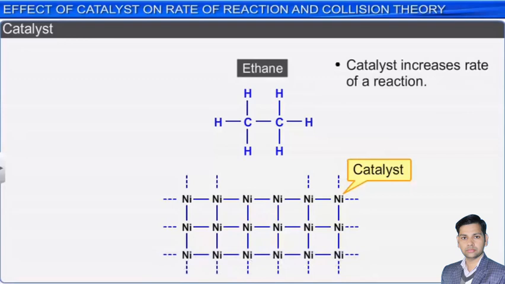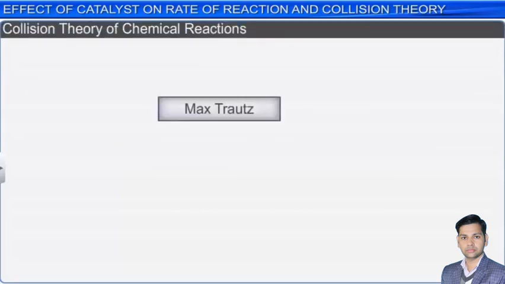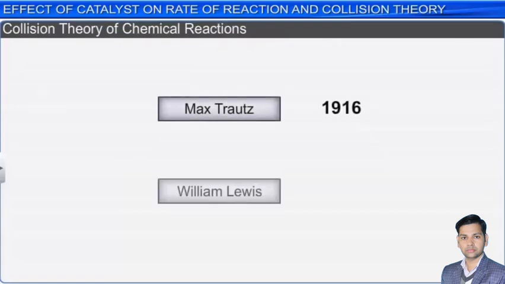Now let us arrive at the modified Arrhenius equation on the basis of the collision theory of chemical reactions. The collision theory was proposed individually by Max Trautz in 1916 and William Lewis in 1918. It explains how chemical reactions occur.